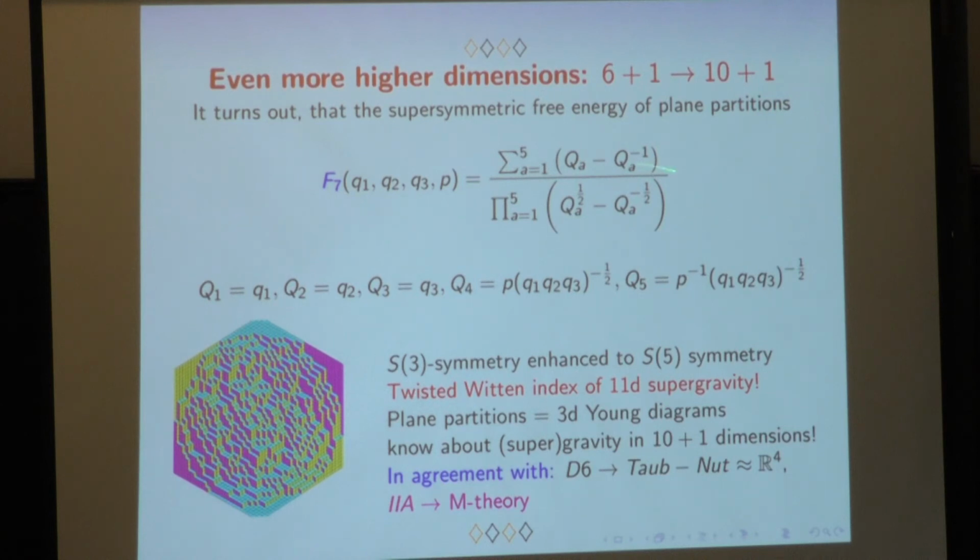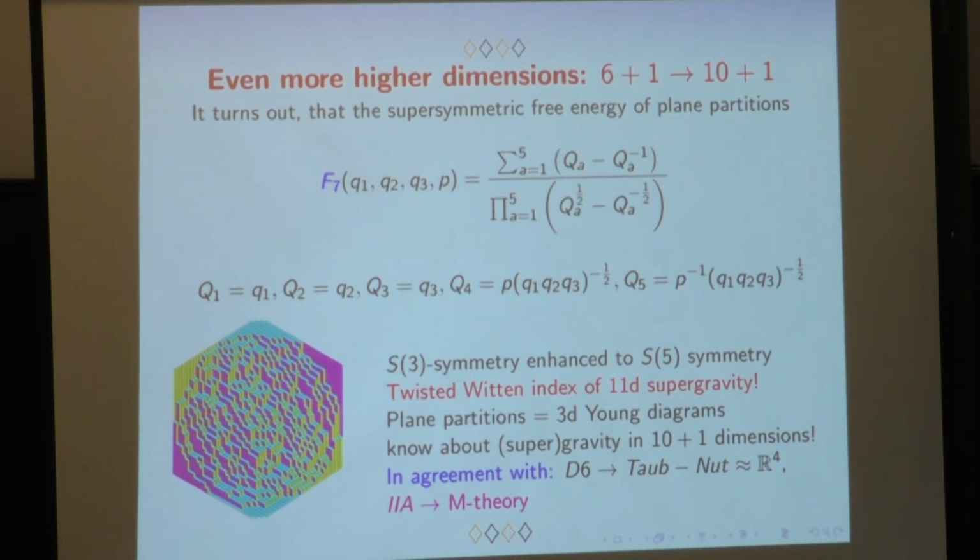But the final answer enjoys the permutation group of 5 elements, which permutes the geometric parameters, the rotation angles, with the fugacity for the number of instantons. And so that's a kind of a strong-weak coupling symmetry, which is completely unexpected from the point of view of the combinatorial model of summing over 3-dimensional partitions.